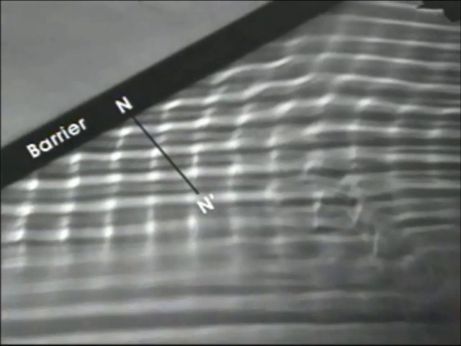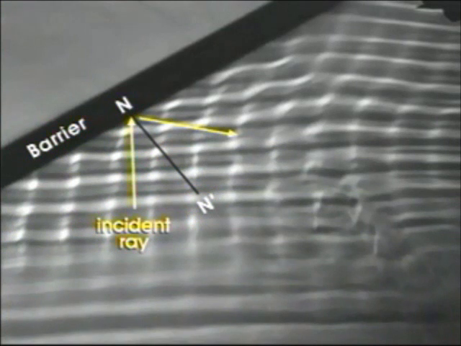This is called the normal to the surface. Now let us draw a line perpendicular to the incident wave fronts. This is the incident ray. Likewise, a line drawn perpendicular to the reflected wave fronts is the reflected ray. Note that these two rays are on the same plane.